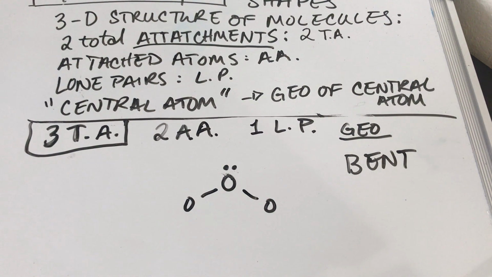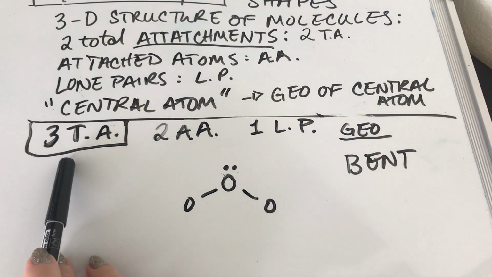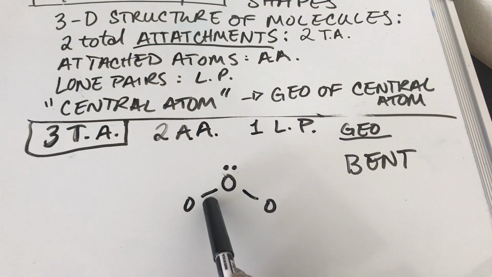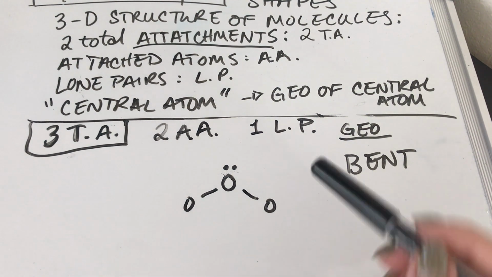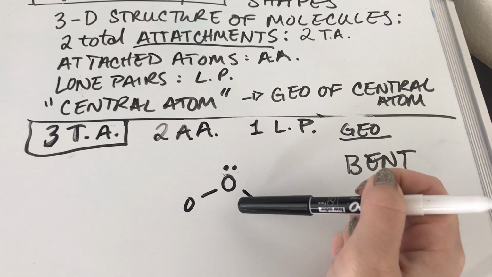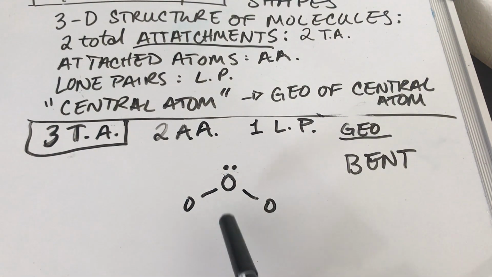So in the same way that 3 total attachments, where it was 3 attached atoms, had these 120-degree angles, the 2 attached atoms and 1 lone pair, bent, has the same angles. That's because this 120-degree angle is approximately what's necessary to keep the electrons maximum distance away from each other. Everybody still all right with me?